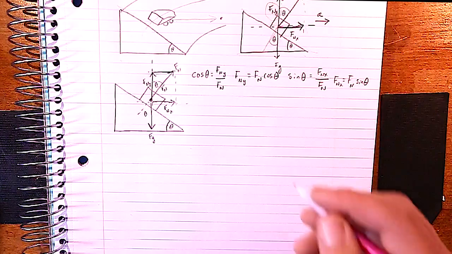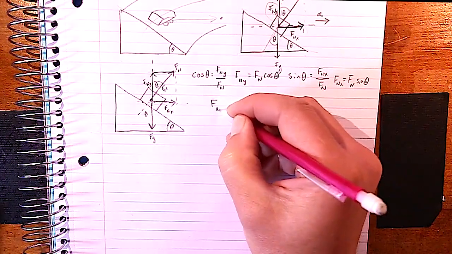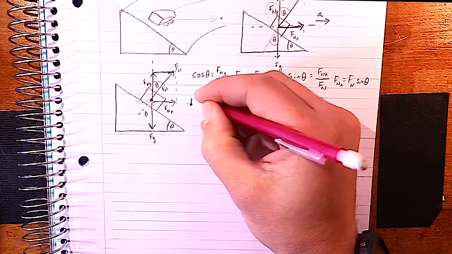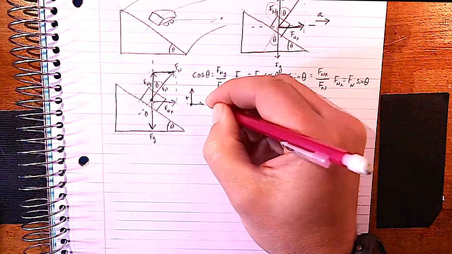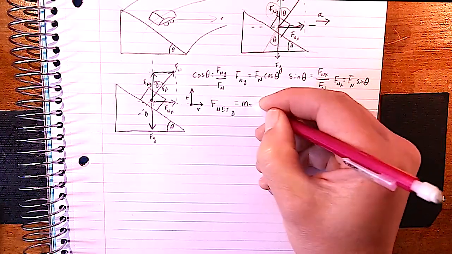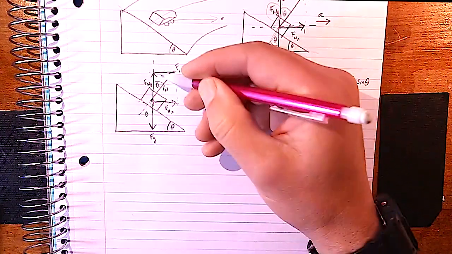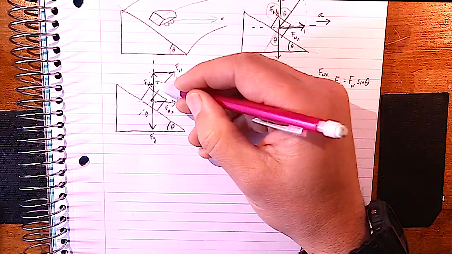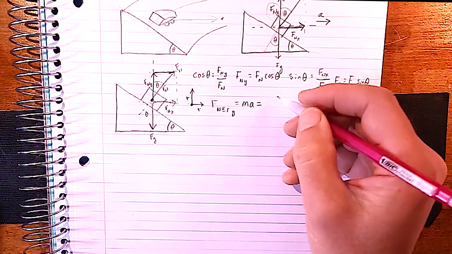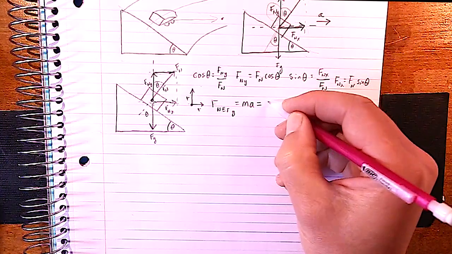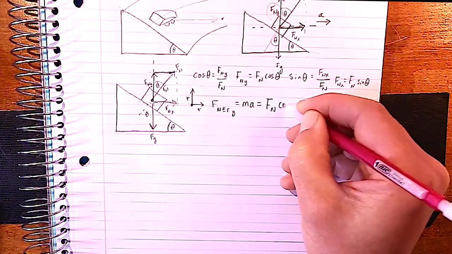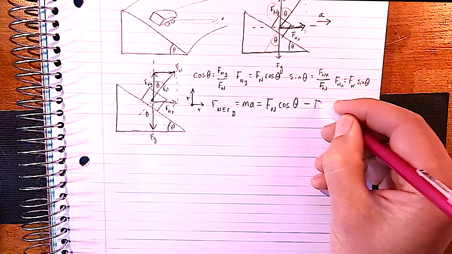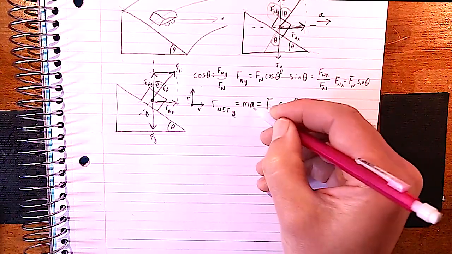Okay, so now let's write our F net equation. So we'll start with an F net y, and we have to define our directions. I'm going to call up to be positive and to the right to be positive. So we have our F net y equals ma, and what's acting in the y direction? Well, we have Fny is up, and Fny is going to be our Fn cos theta minus our force of gravity down. Now, in the y direction, there's no acceleration.